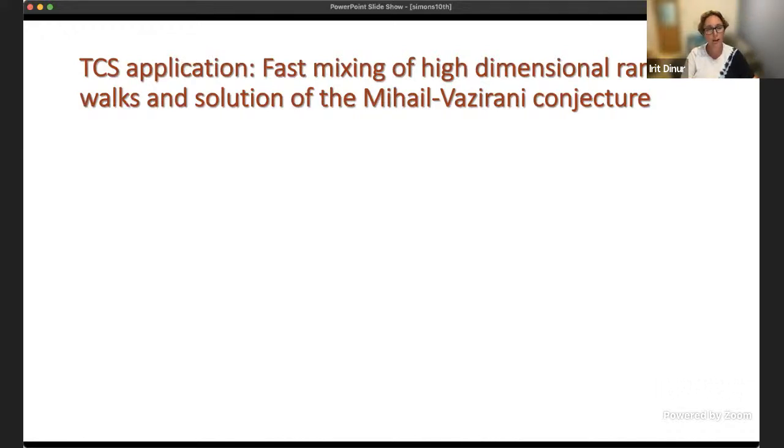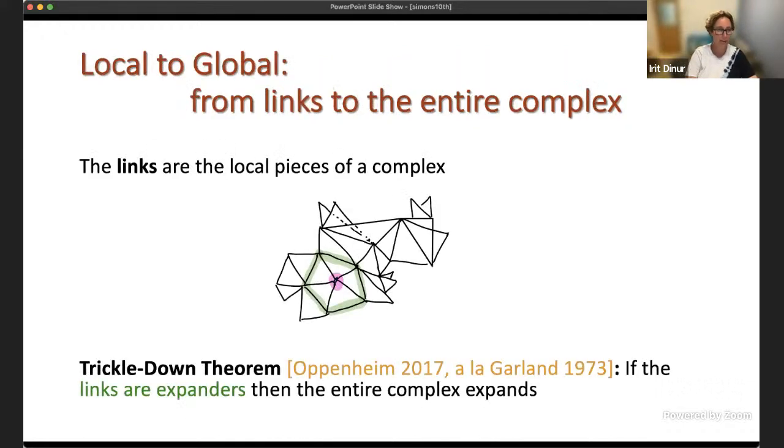So this is, historically, the beginning of how we understand high-dimensional expanders. The whole structure is very hard to grasp, but this idea that the links give you something about the whole object, so let's just look at the links.